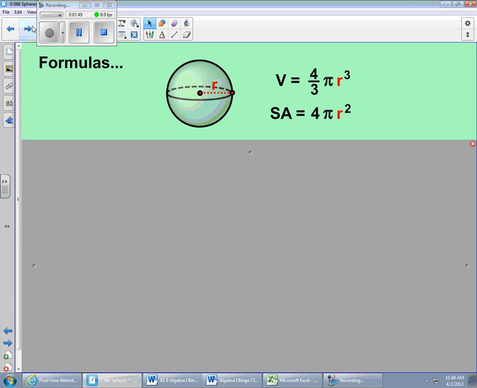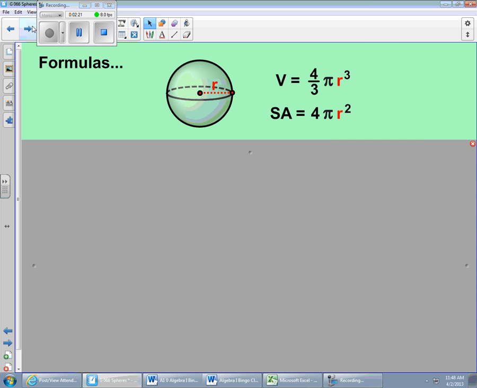All right, there are two formulas that go along with the sphere. Pretty cut and dried formulas. As is the case with circular objects, we only really have to bring one piece of information to the table in order to calculate either volume or surface area, because there's only one piece of information that makes a circle or a sphere do what it does, and that is the radius.